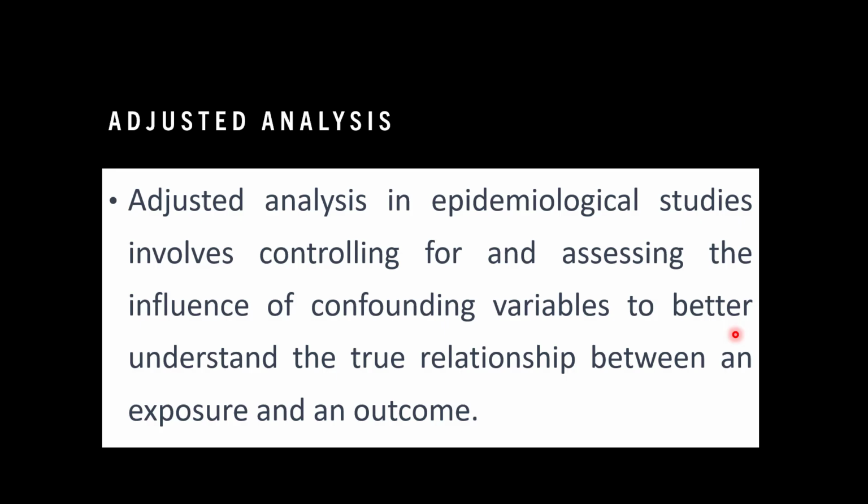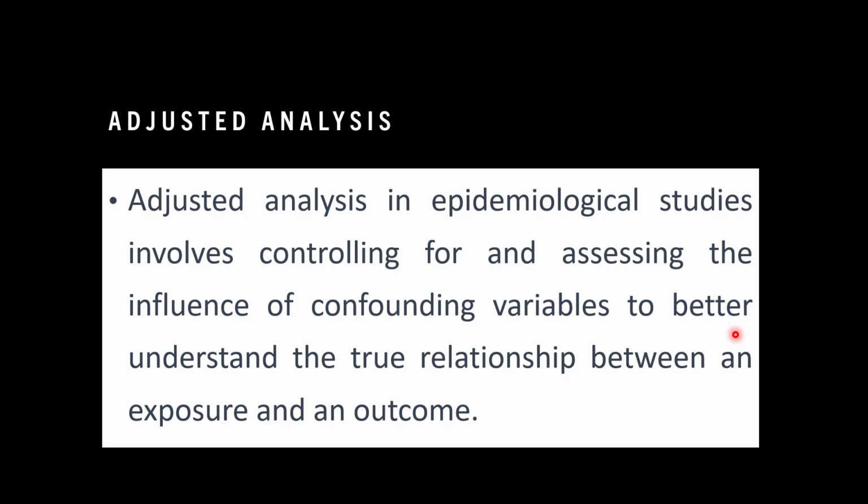But you will find in the more powerful studies what is called the adjusted analysis. Adjusted analysis will make a statistical model that puts the smoking beside the age, beside the comorbidities, beside the environmental factors, and tries to get a relative risk of each of them compared to each other for the outcome.